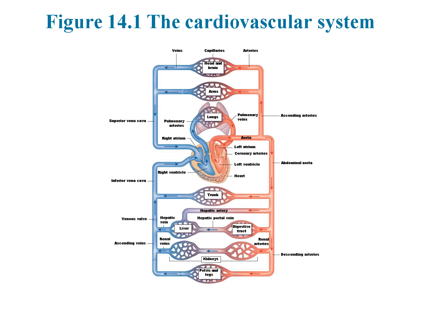Deoxygenated blood from the body returns to the right atrium via the superior and inferior vena cava. It then moves into the right ventricle, which pumps it to the lungs through the pulmonary arteries. In the lungs, gas exchange occurs, allowing the blood to release carbon dioxide and absorb oxygen.